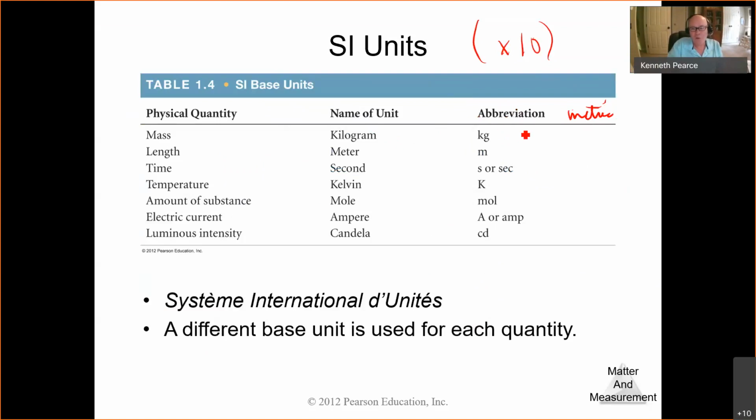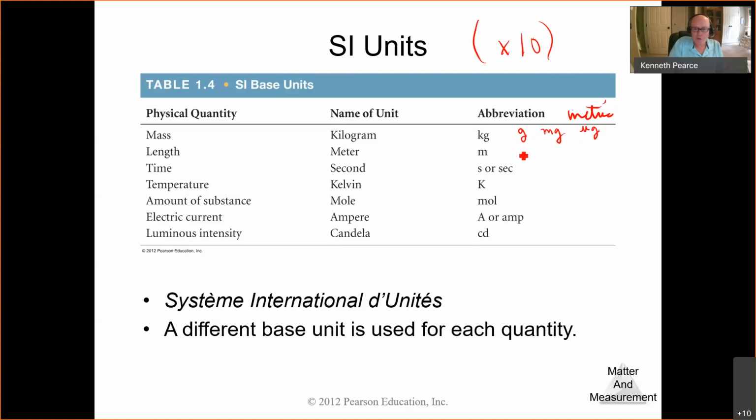For mass, we often in the lab are going to use grams. And if you're out in the field, you may actually be using milligrams. And if you get really small quantities, you might use a funny looking U, which is a microgram. Length, we use meters, that's the SI unit, and you're forced to use that in certain situations.